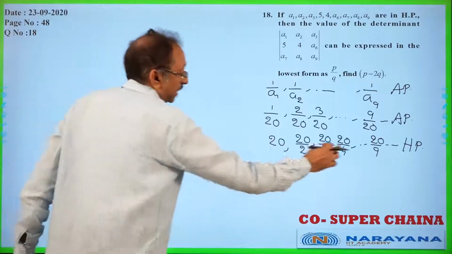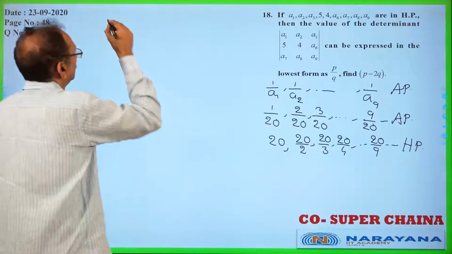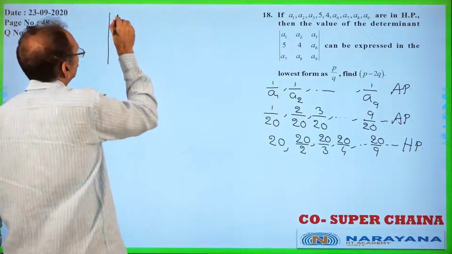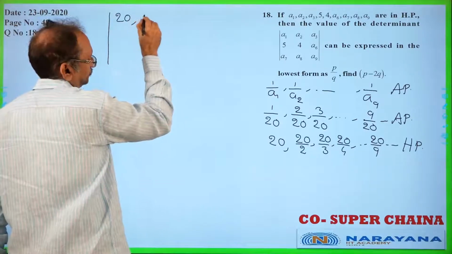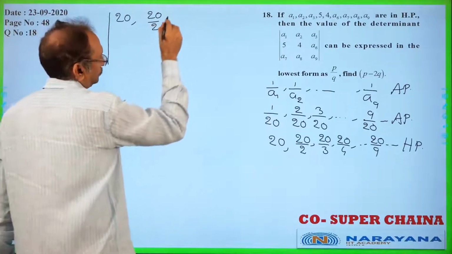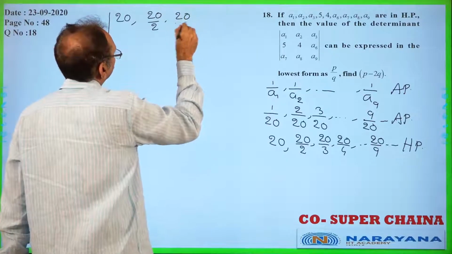Therefore, I write these values in place of these. So, what is that determinant? 20, 20 by 2 and 20 by 3.